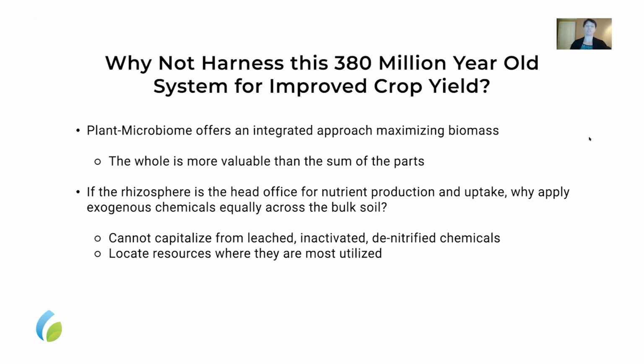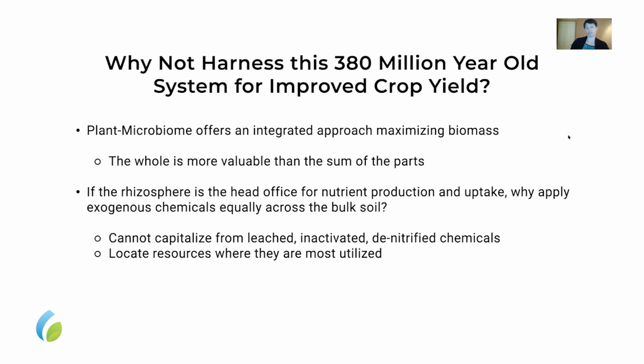If you approach things from a systems perspective, where you're looking at a holistic view and the entire relationship and all the moving parts in there, we tend to have a better understanding of how they work. We also tend to, if we can, be in control and have a better outcome for our own purposes. So if the rhizosphere is the head office for the nutrient production and uptake, why apply exogenous chemicals equally across the bulk soil? So standard or traditional farming or ag practices would see the application of fertilizer to the soil.